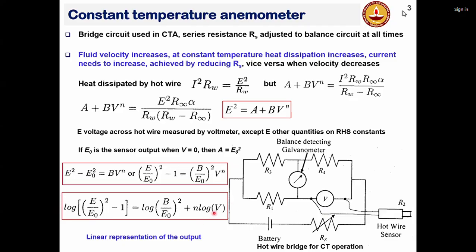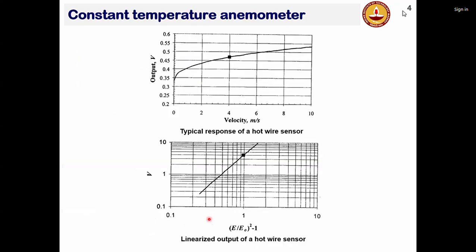Now, if you plot this equation instead of this equation, and you have basically a log-log plot, you have E by E naught square minus 1 on a log-log plot in the x-axis. You have V in a log-log plot in the y-axis. You actually get a linear characteristics. Okay, so this is the linearized output of a hardware sensor.